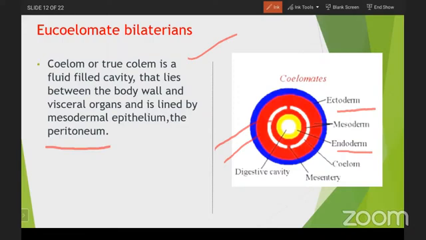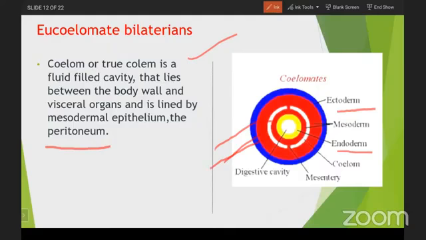Ecto and endo, in between these two the mesoderm is there, and it is covered on both sides with the mesodermal epithelium, that is the peritoneum, and the gap space between these two layers is the fluid-filled portion, known as the true coelomic part or true coelom or eucoelomate.